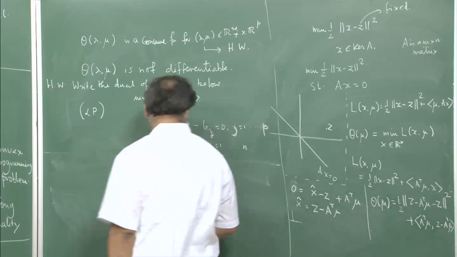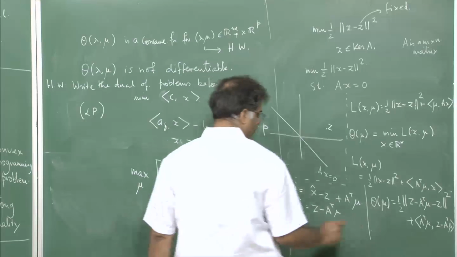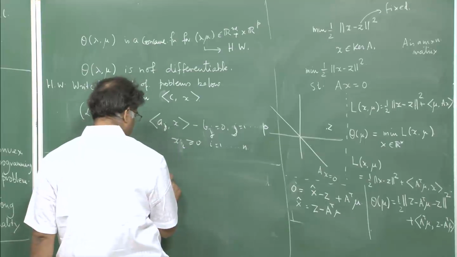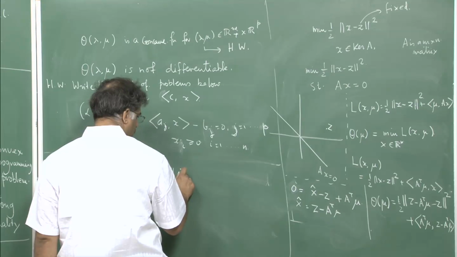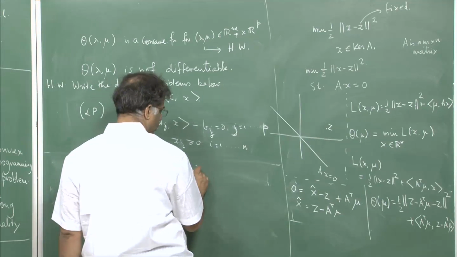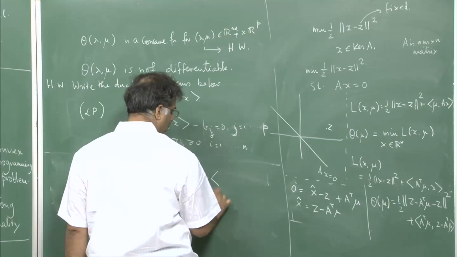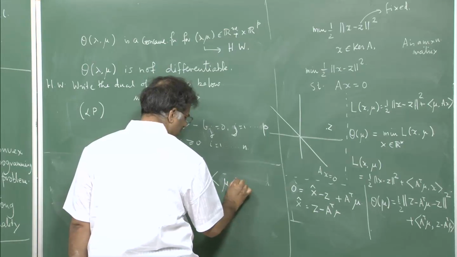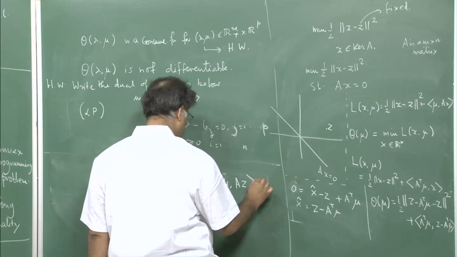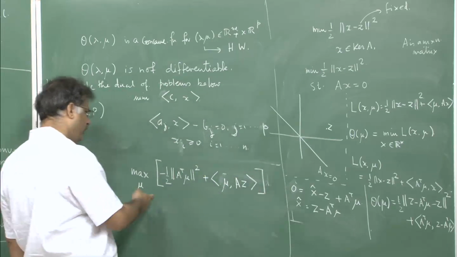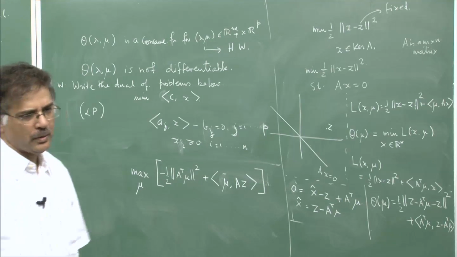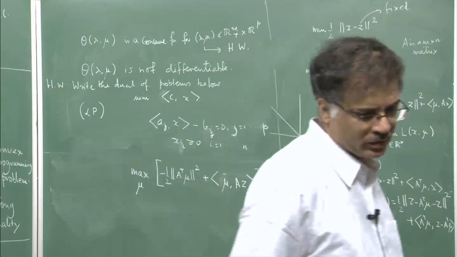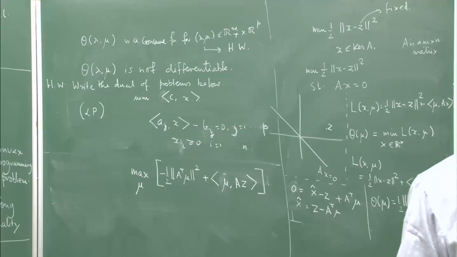So, that would give you minus half norm A transpose mu whole square plus A transpose mu z. Now I have to maximize this over mu.